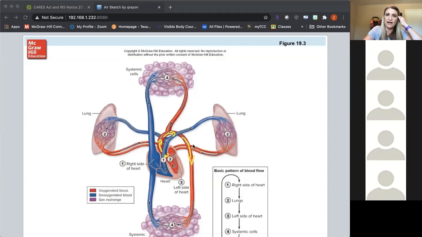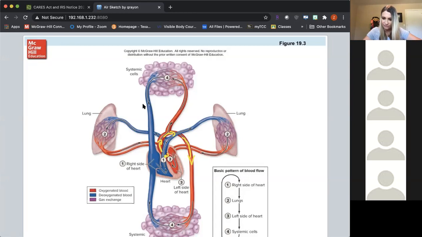I've mentioned those valves here. Actually, I want to take a closer look at those valves, and we can use this image. As soon as it shows up, it is going to show you the internal features of the heart.